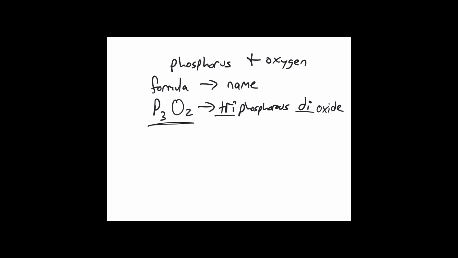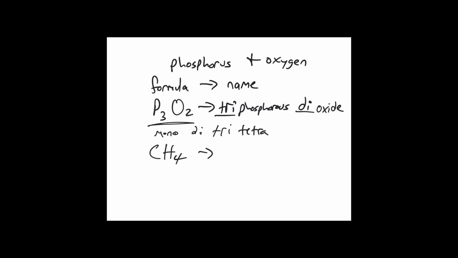It's kind of cool. The prefixes are on a worksheet in OneNote, but 1 is mono, 2 is di, 3 is tri, and so on. Okay, you have to memorize all the way up to 10. So if I do, let me give you another one, CH4, this is methane or cow farts. You would think that you have to write monocarbon, and the number 4, the 4th prefix is tetra, and then tetrahydride.